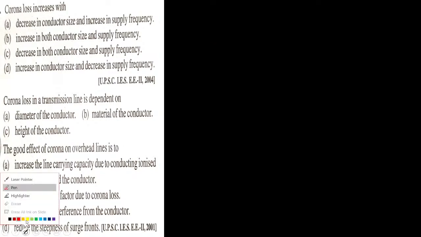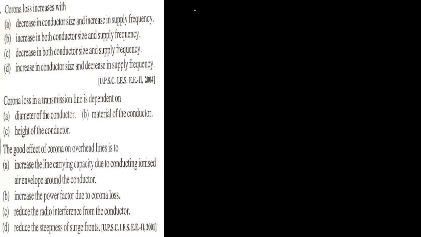The question is about corona loss. What is the corona loss formula, anyone? First of all, before solving this question, let me write the expression for corona loss. See, I am writing the standard formula, which is how to write it in your examination.